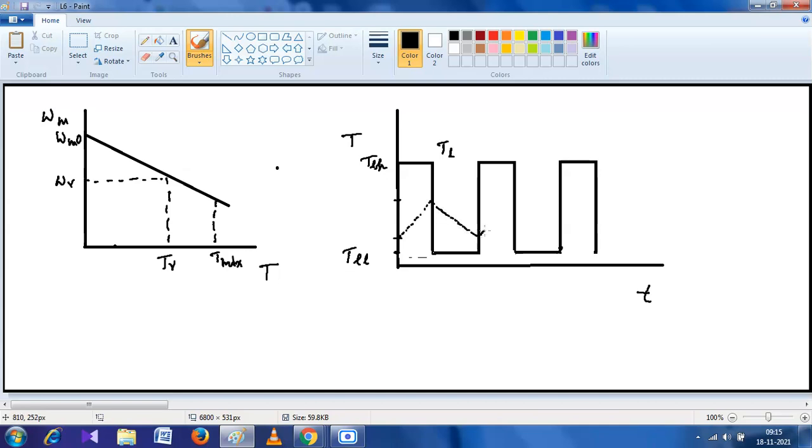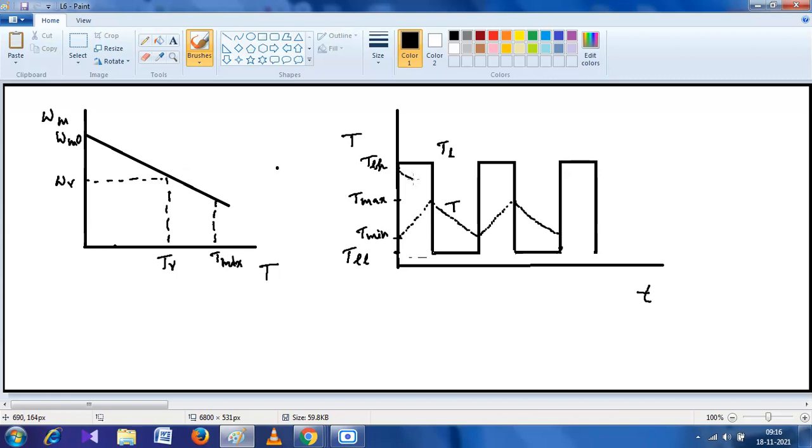When the torque requirement is high, it goes from minimum to maximum. This is T max, and this is T min, and this is basically the machine torque.